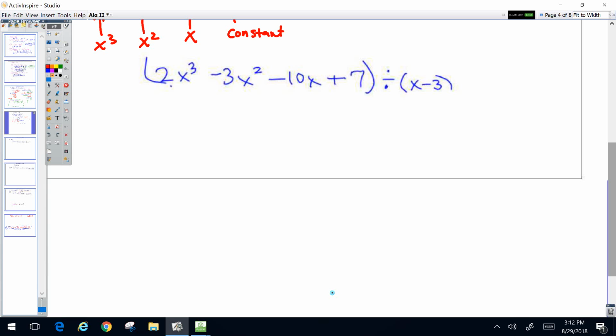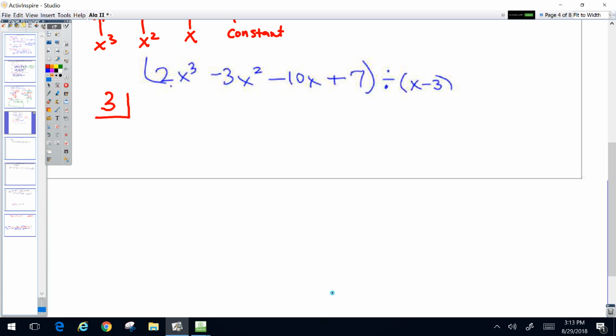Here we have 2x cubed minus 3x squared minus 10x plus 7, all divided by x minus 3. Same process. We start by saying to ourselves, if the divisor were a factor, what would the root be? 3. And that's what goes on the table.